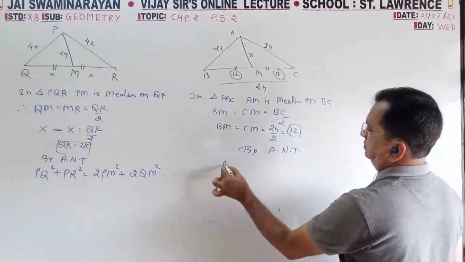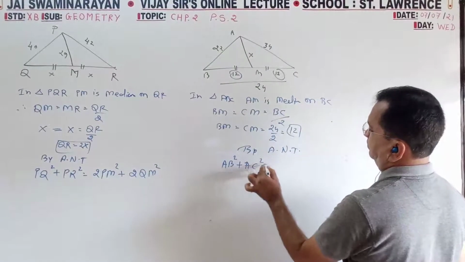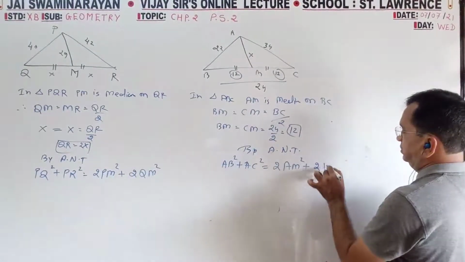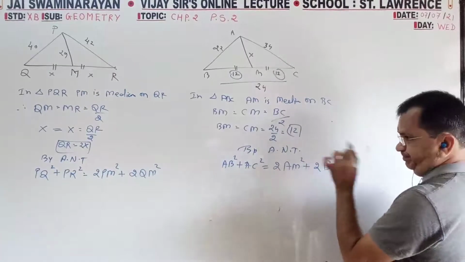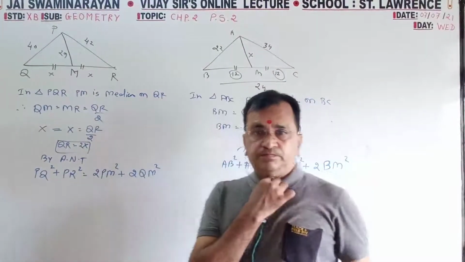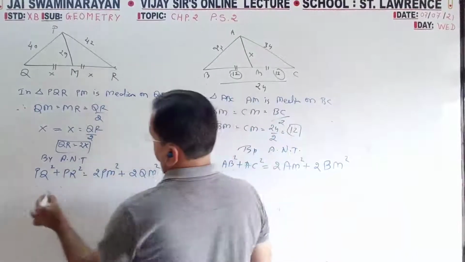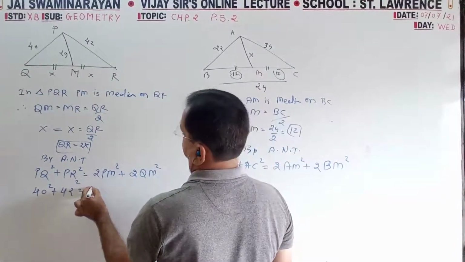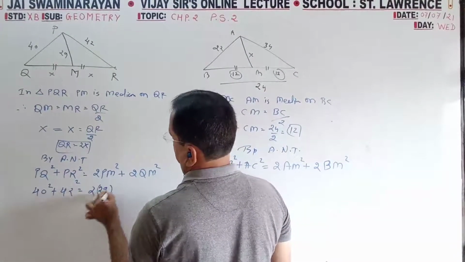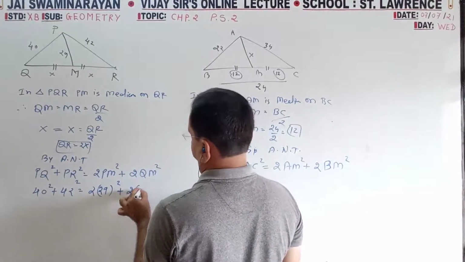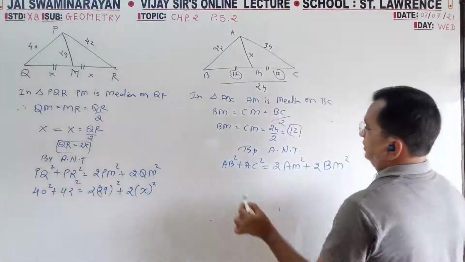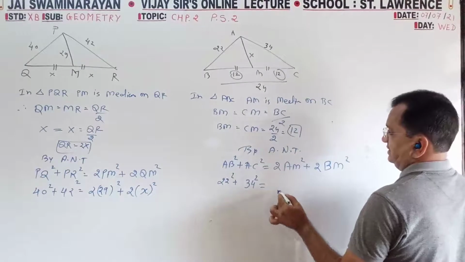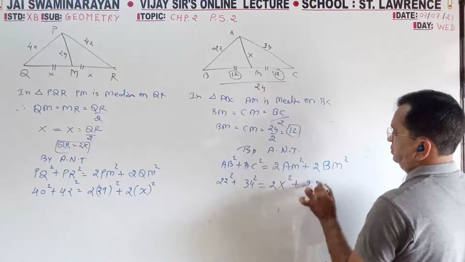Left side square, right side square, 2 median square, 2 any one part. 40 square, 2 PM, 29 square plus 2 times QM, 22 square, 34 square, 2x square, 2 12 square.